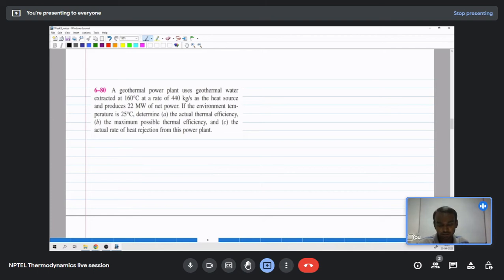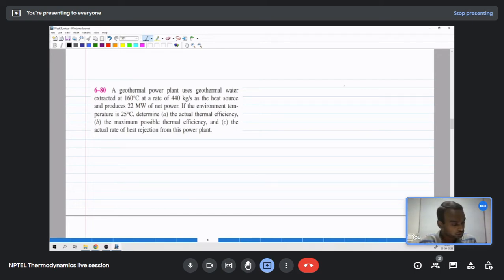A geothermal power plant uses geothermal water extracted at 160 degrees Celsius at a rate of 440 kilogram per second as the heat source and produces 22 megawatt of net power. If the environmental temperature is 25 degrees Celsius, determine the actual thermal efficiency, the maximum thermal efficiency possible, and the actual rate of heat rejection from this power plant.